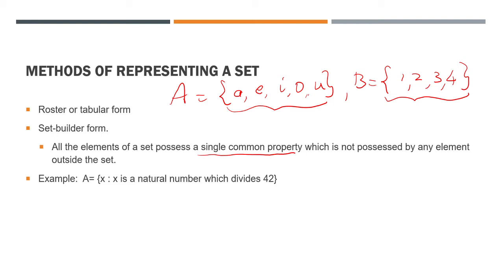Here is an example in which a set is written in the set builder form. We have to read this as A is equal to set of all x such that x is a natural number which divides 42.